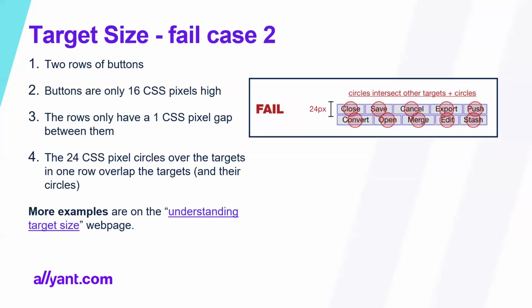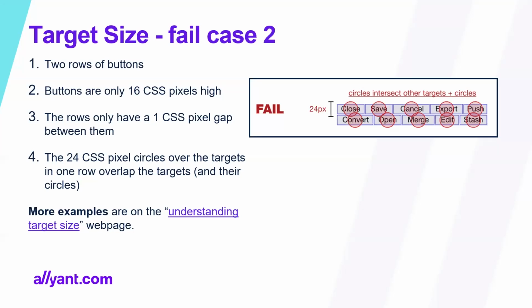Another fail case here is one more similar to forms, for example. In the screenshot that I'm showing, there's 2 rows of buttons, or could be 2 rows of little text fields, right? Now the text fields or these buttons are wide enough, but they're not tall enough. They're only 16 CSS pixels high, right?